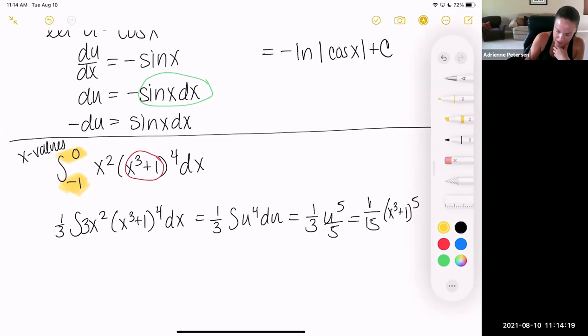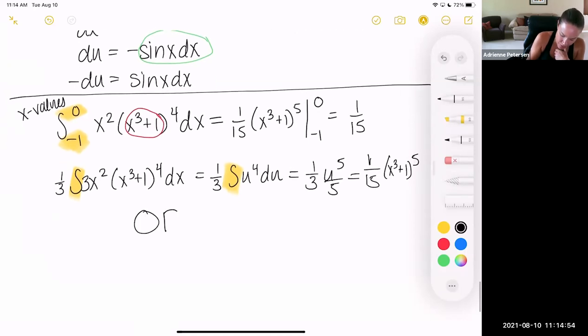And notice on this, I did not write any limits of integration here because when we've done this variable replacement with u, those limits don't make sense. So now I go back and I get 1/15 x cubed plus 1 to the 5th. And now by the fundamental theorem of calculus, we evaluate this from -1 to 0, which we end up getting 1/15 for our answer here.